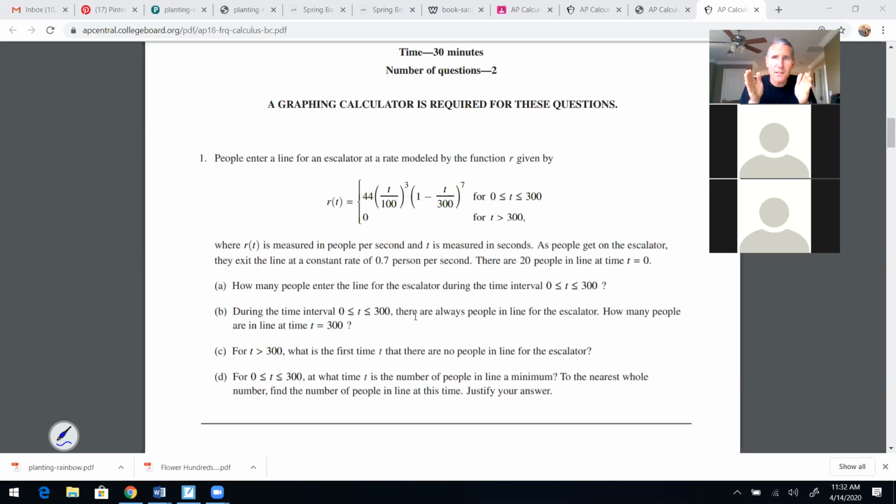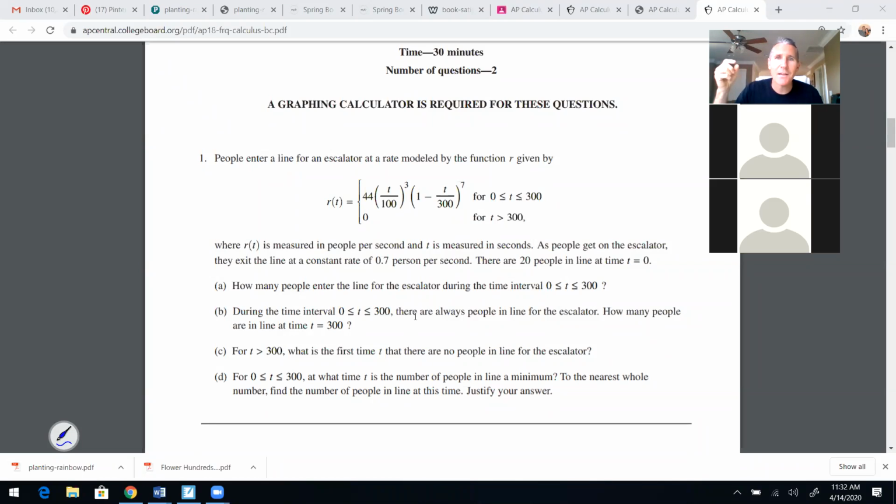So one of those rates would make that line increase. The other rate makes that line decrease. This is a leaky bathtub problem. That's exactly what this is. The rate that water is entering the tub, the rate that the water is exiting the tub. If the rate that the water enters the tub is greater than the rate that the water exits the tub, then the water level will be rising.